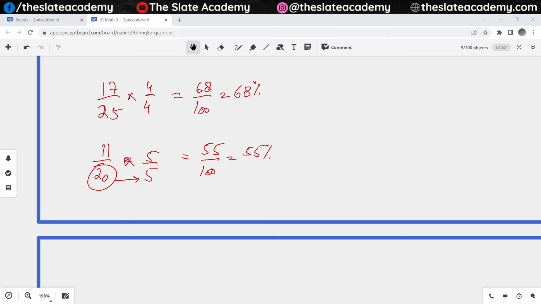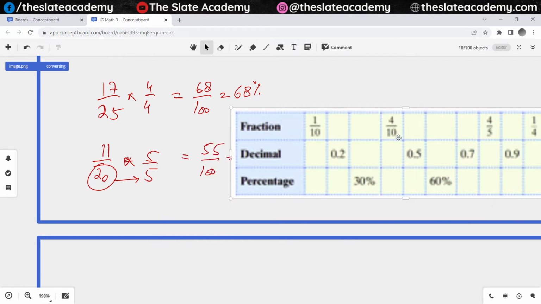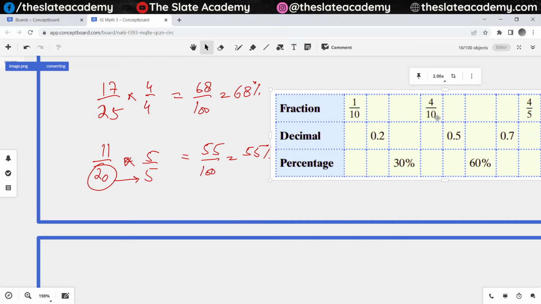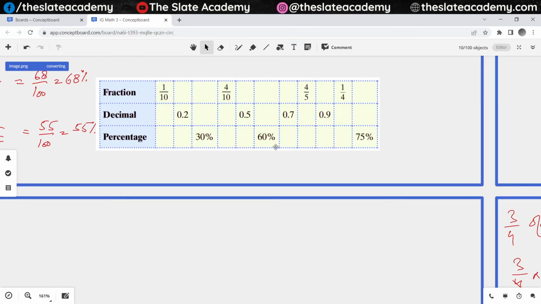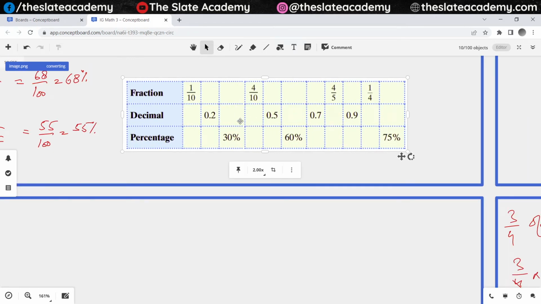Another thing is, let's try this exercise. One by one, I'll be calling each one of you out and you'll be giving me answers. Miss Anam, for the first one, 1 out of 10, what would be the answer in decimal form and what would be the answer in percentage? Quickly, please.